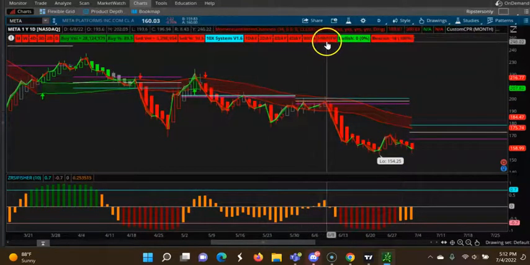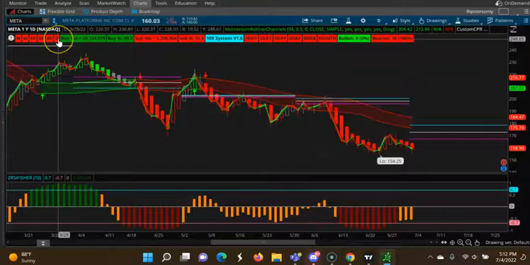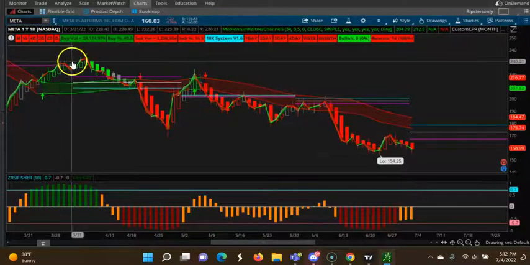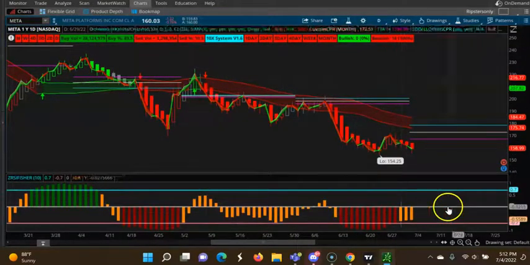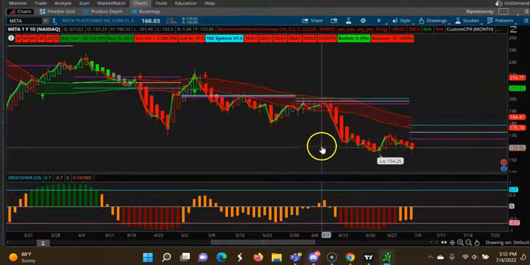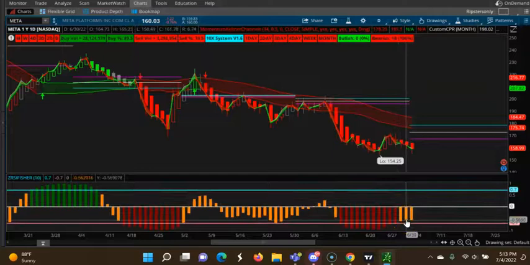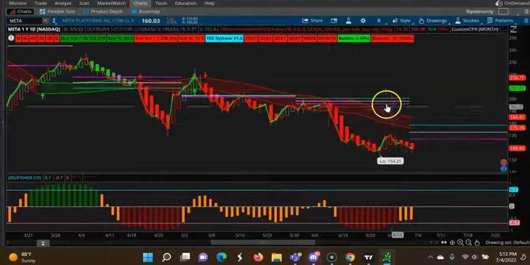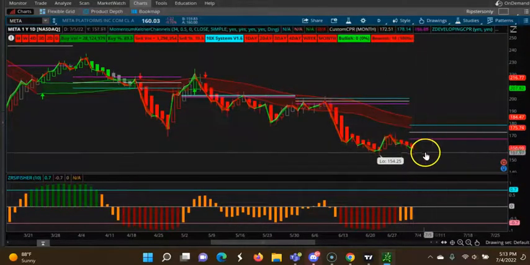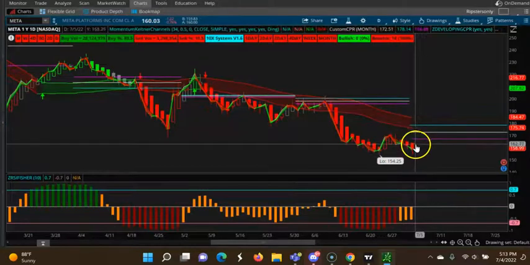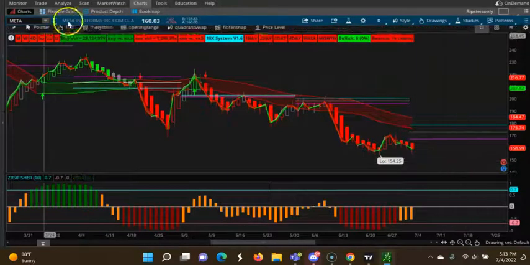See, all the TTM squeeze is negative. All the time frames are negative from the moving average point of view. A lot of selling volume. RSI also is down. Okay, you can see the RSI is down from here. So this is a good start to take the trade to the downside. Okay, so it's definitely downtrending.